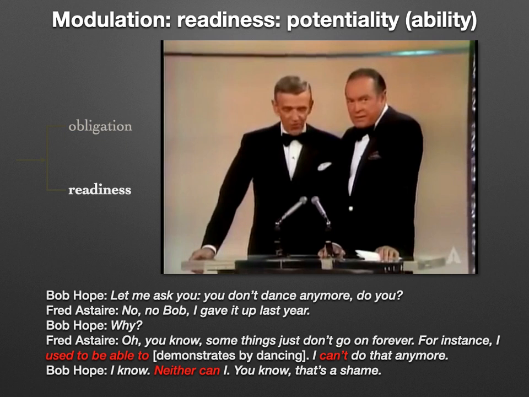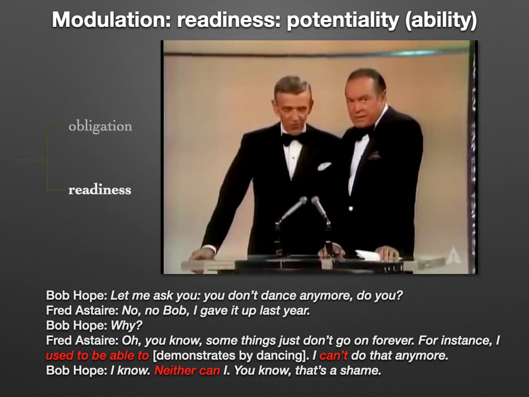And it's from an Oscar ceremony from 1970, and a little exchange between two Hollywood legends, Bob Hope and Fred Astaire. Now, Fred Astaire was, of course, known as a supreme dancer, also singer, supreme dancer of musicals from the classic Hollywood period, beginning in the 1930s up through the 50s, and even with one or two in the 1960s.